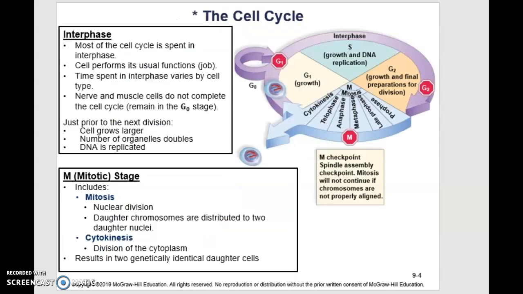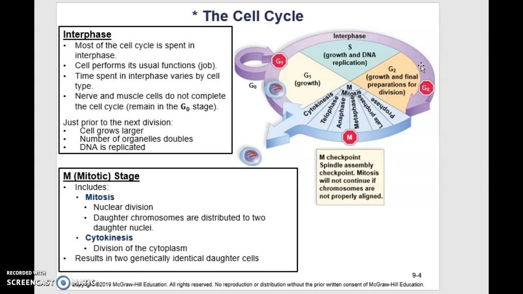Okay, so this is the diagram that you are going to see when we talk about the cell cycle. All of this up here in purple, I hope you can see my cursor, this is the interphase. And this is going to be a cell just being a cell and doing its job for a lot of the time.